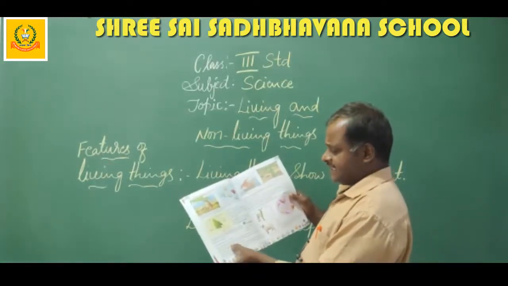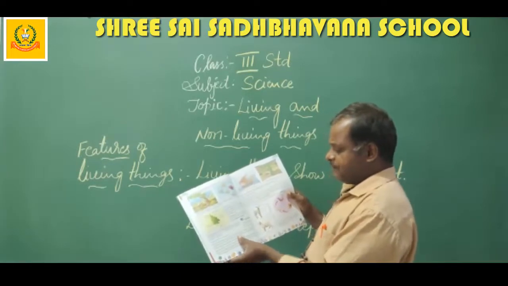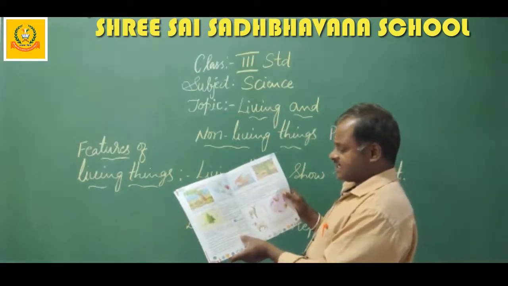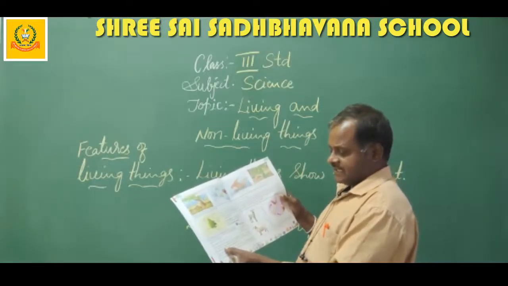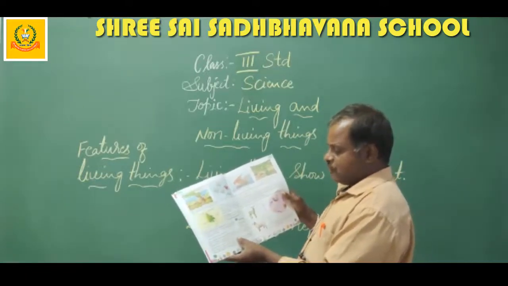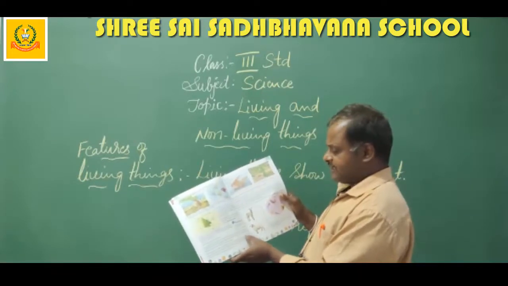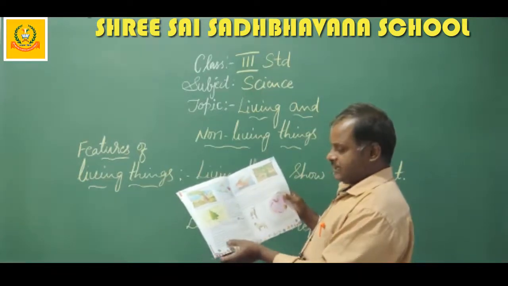Human beings and animals move from one place to another in search of food, water and shelter. They also show movement to protect themselves from enemies.